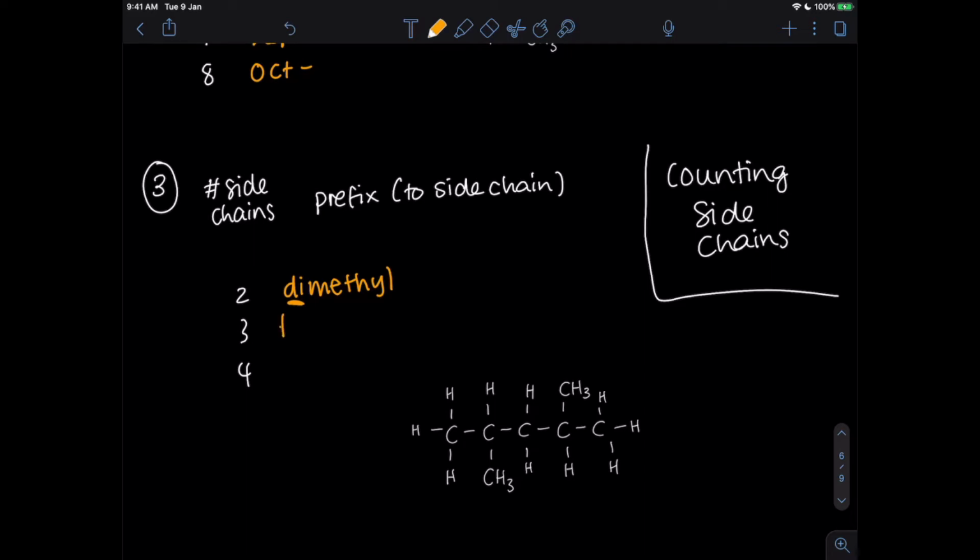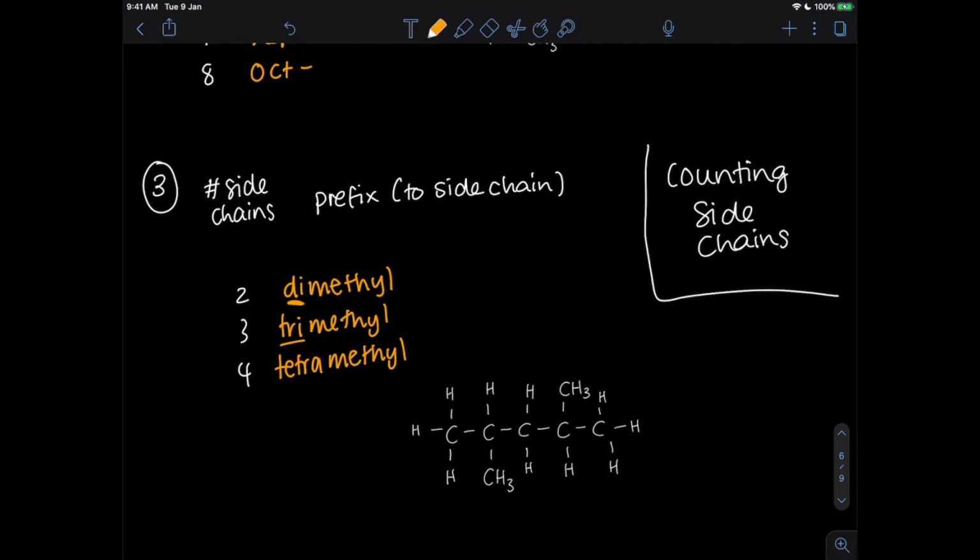If there are 3 methyl groups, it'd be tri. And if there were 4, which with this you can't have, but you can with haloalkanes, it'd be tetra. So dimethyl, there are 2 methyl groups present on the molecule. Trimethyl, there are 3 methyl groups present on the molecule.